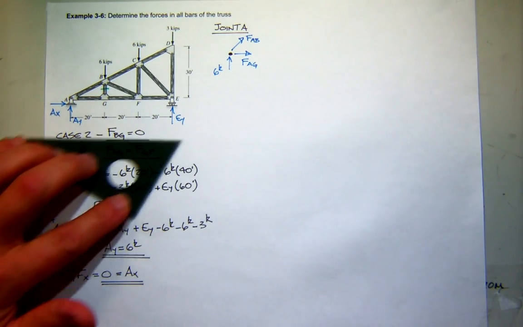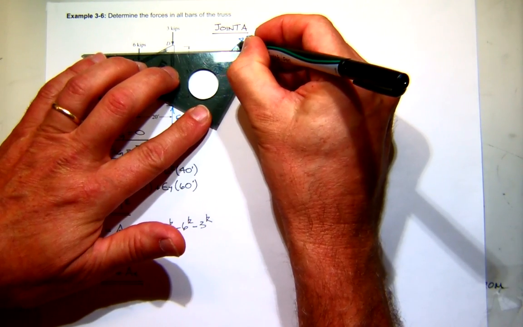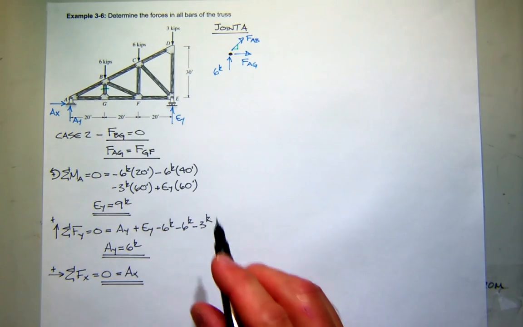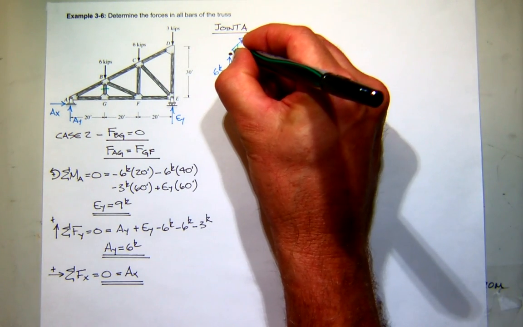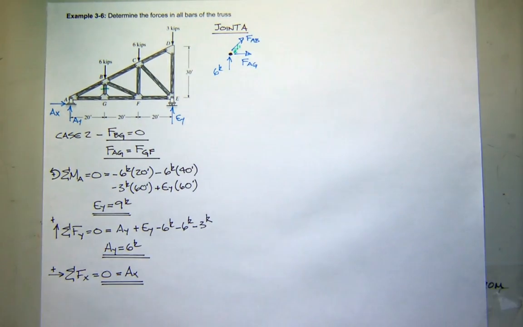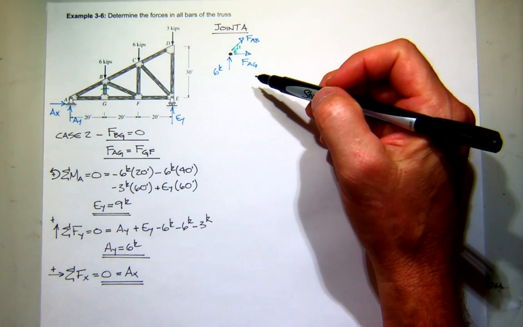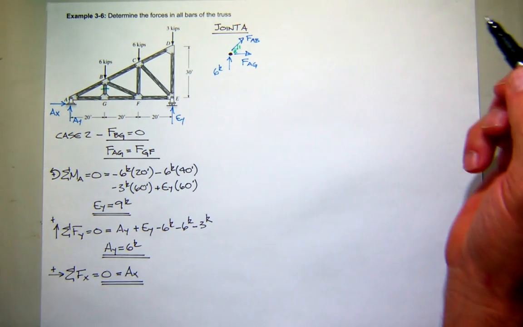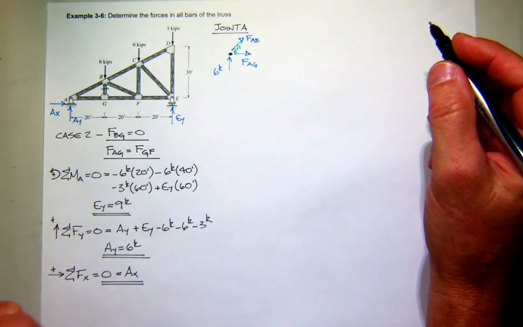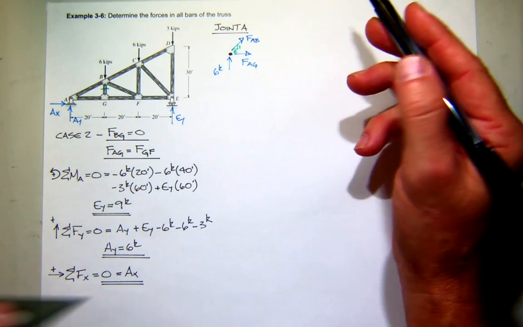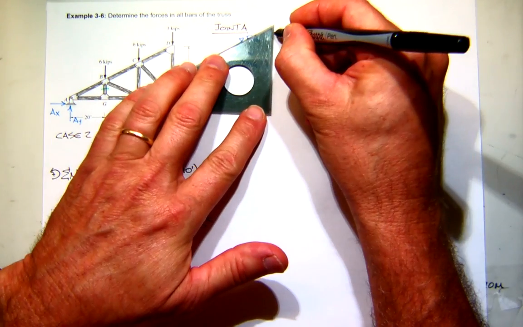What is the slope of AB? It looks like I went 60 to 30, so it's 2 to 1, right? 2 horizontal to 1 vertical. So, trying to write one equation and one unknown, what should I do first? Sum forces in the x or sum forces in the y? Well, they both have x components, so that's probably not a good start. So we'll sum forces in the y.